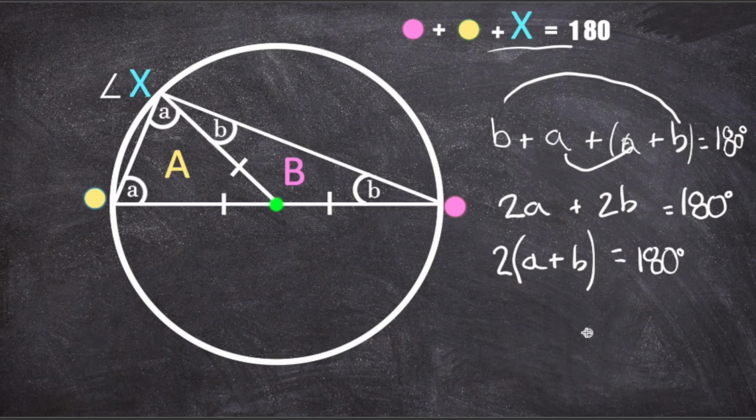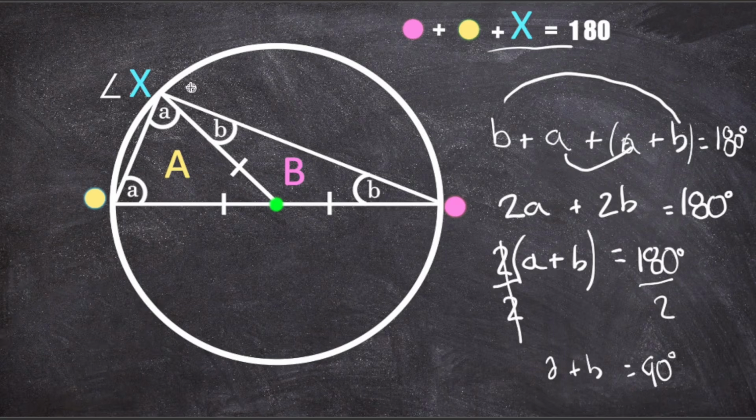Both sides of the equation are divisible by 2. We can divide 2 by 2 and 180 by 2. If we divide 2 by 2, they cancel, and 180 divided by 2 gives us 90 degrees, which means that A plus B equals 90 degrees.